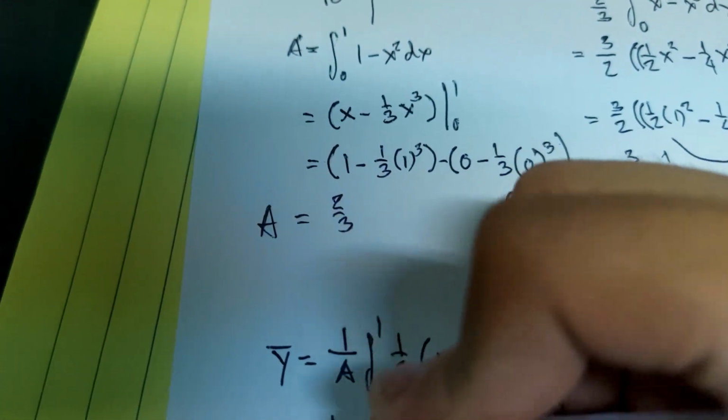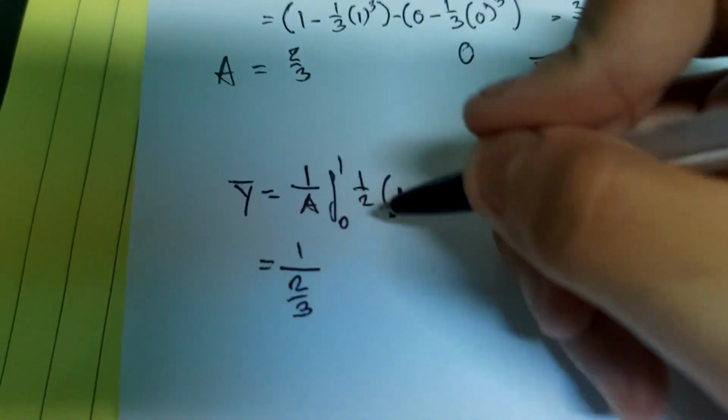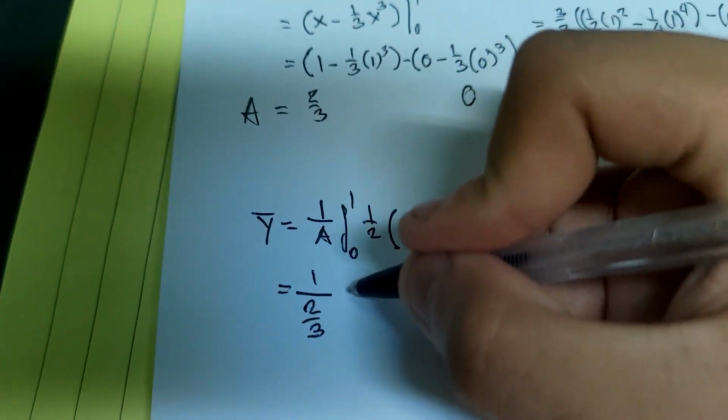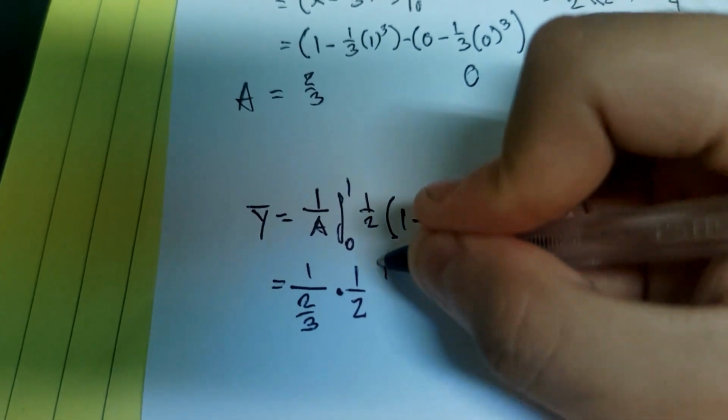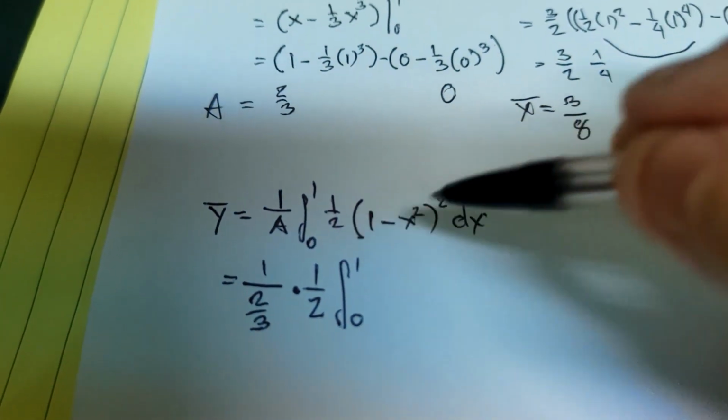So 1 over 2/3, and as you can see, we still have 1/2 here, our constant. We can just take it out: 1/2 integral from 0 to 1. And then as you can see, we still have to integrate this one.